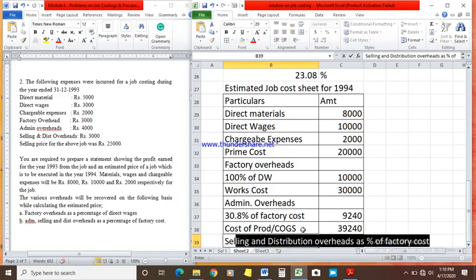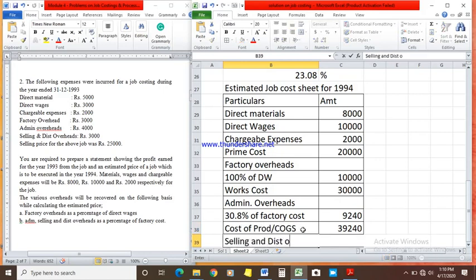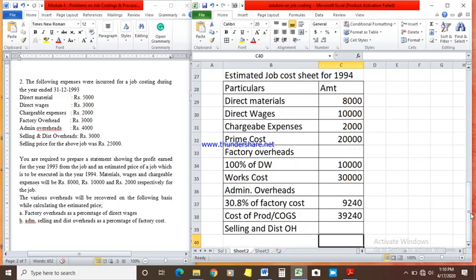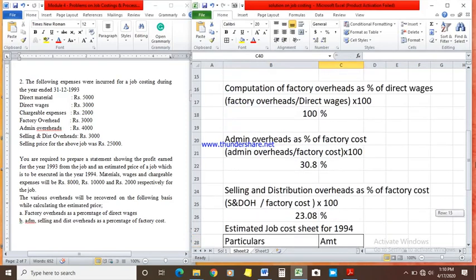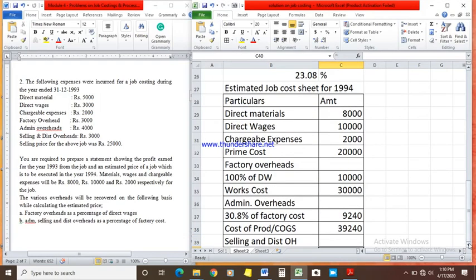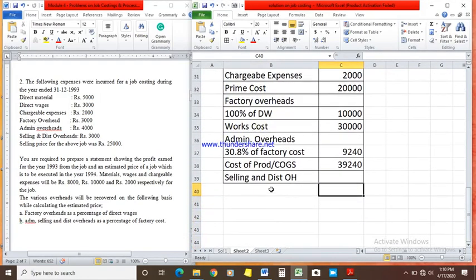Next is selling and distribution overheads. Now this selling and distribution overhead is going to be recovered at 23.08% of factory cost. So I'll write here 23.08% of factory cost.